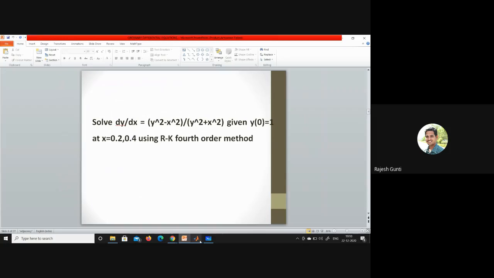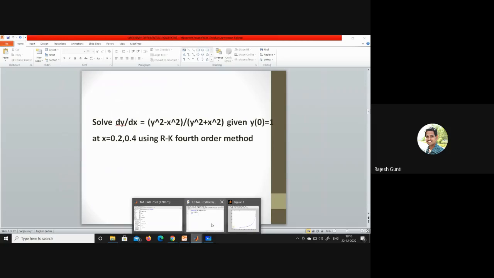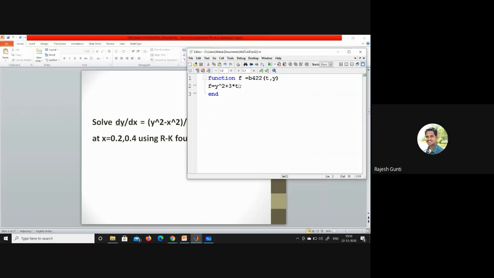What is my function here? I am using the same function. Variables are very important. t is x here, and y is the dependent variable.